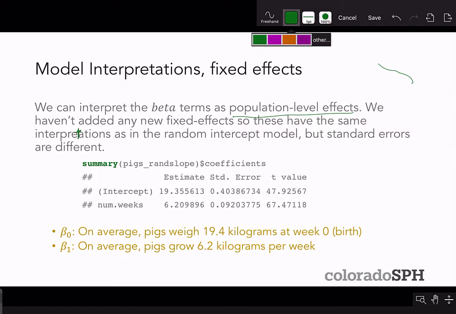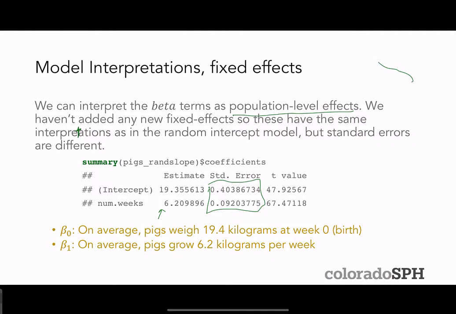The only thing that's different is the standard errors are going to be different. So you would have different confidence intervals and different inference potentially, but you have the same interpretations of the actual mean. Where on average pigs weigh 19.4 kilograms at week 0, and on average they grow 6.2 kilograms per week.